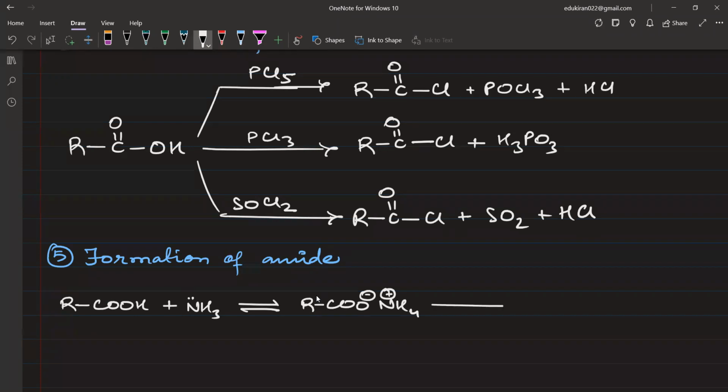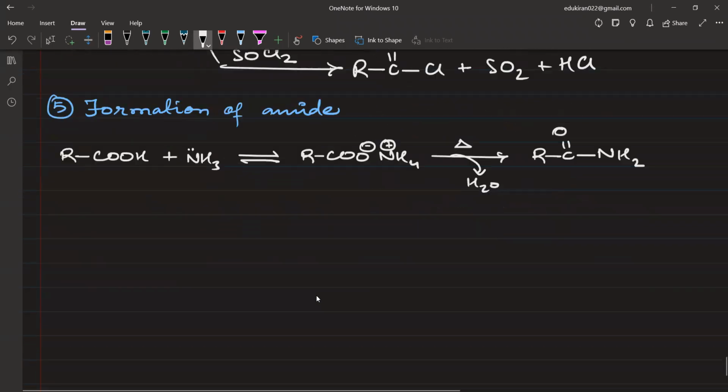Now, heating this salt gives out water, and you get R, C double bond O, and you get NH2 here. Okay, so first of all, we have ammonia, and then we heat it to get amide.